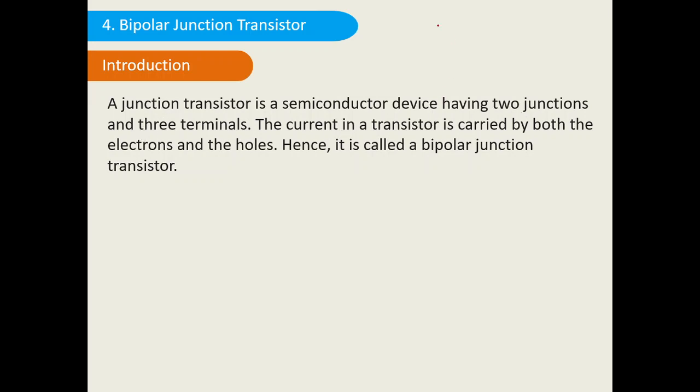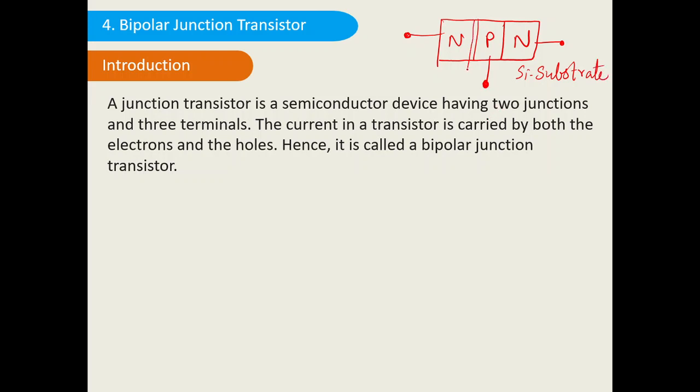Three terminals. So namely, if I consider an NPN transistor, there will be one terminal for N, one terminal for P, and one terminal for N. Right? So a junction transistor is a semiconductor device. Obviously it is made up of silicon substrate. So it is a semiconductor device having two junctions.